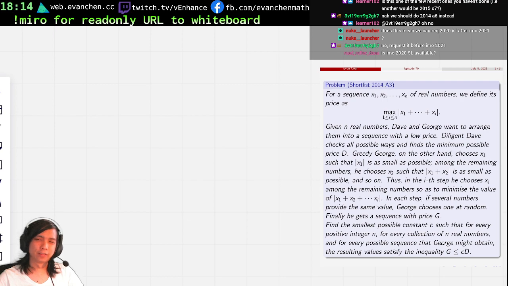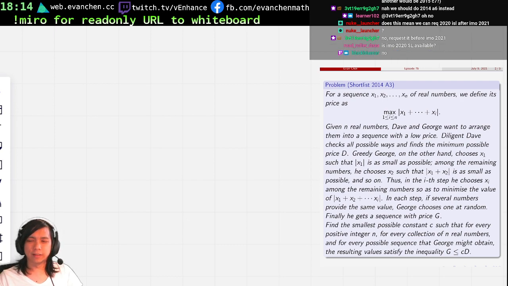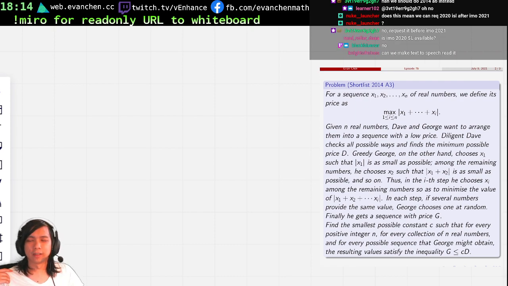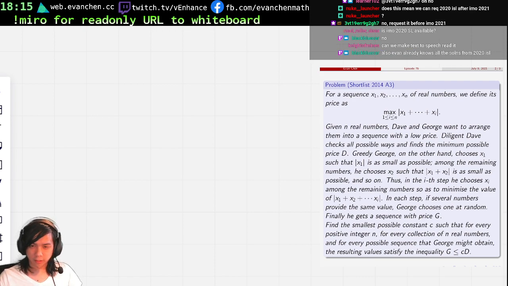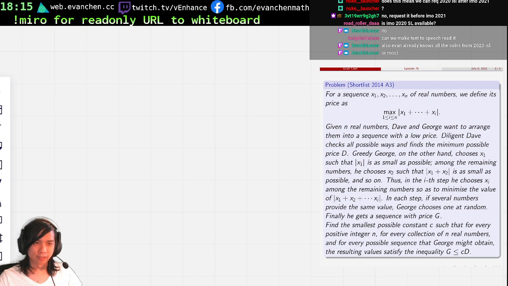One person, Diligent Dave, gets the actual optimum, and another person called Greedy George uses the greedy algorithm to do it. You want to find the smallest constant c such that the greedy algorithm is always within a factor of c.